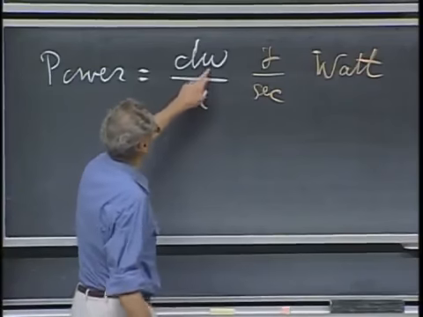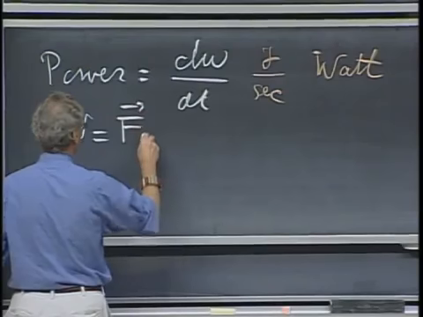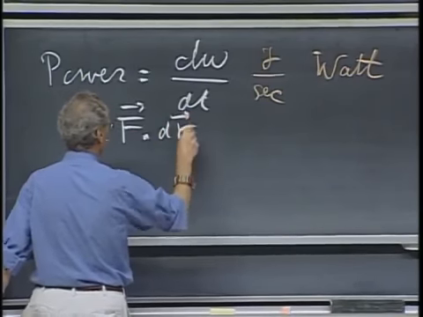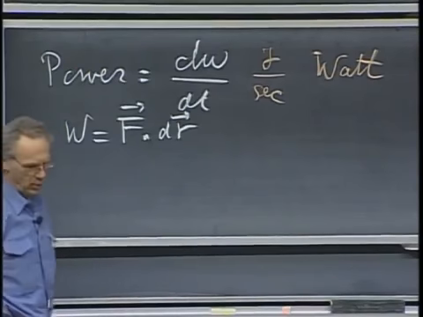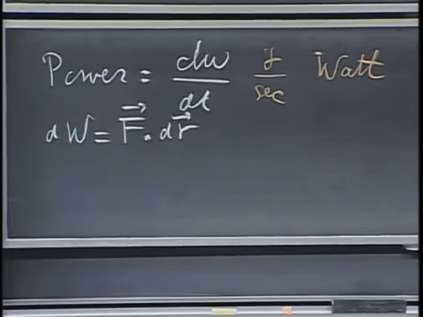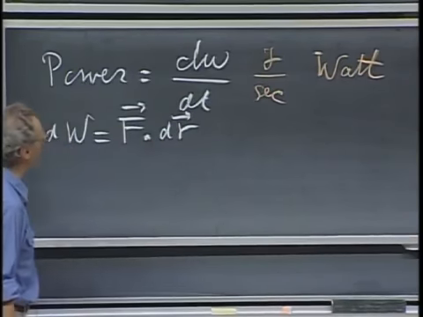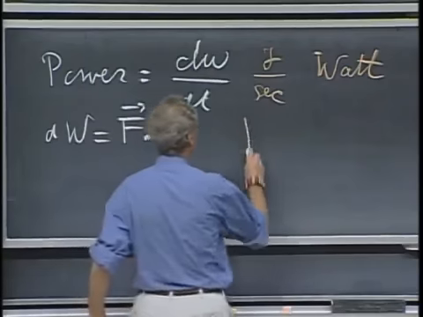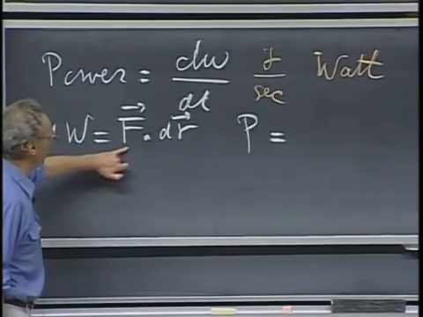Now, the work that the force is doing is the dot product between the force and a certain displacement of that force. We have dealt with that before. That is a little bit of work that I'm doing, right? I have a force which is constant during a small displacement. And so I can substitute that in there, and I get that the power is the derivative of this versus time.